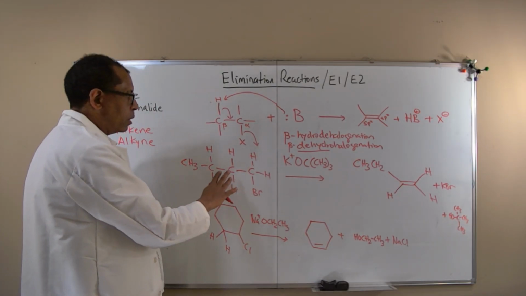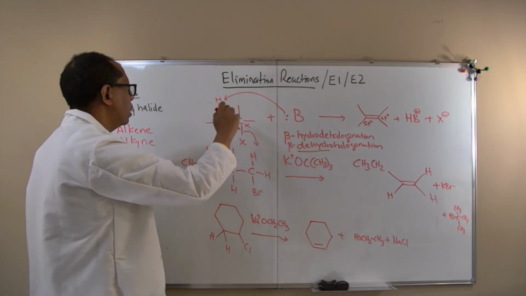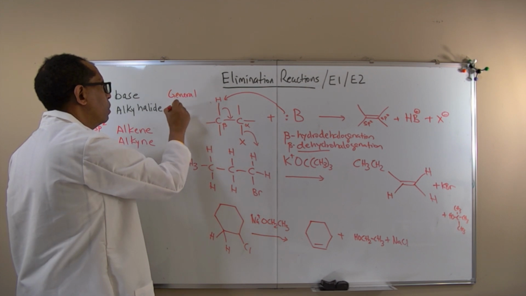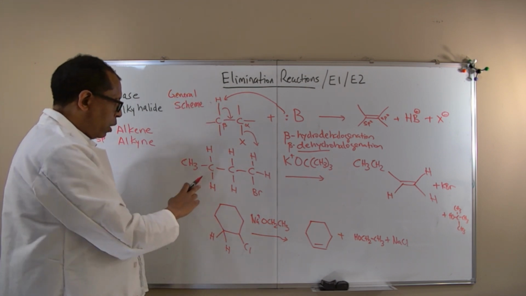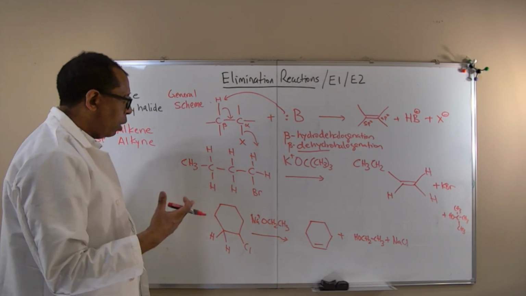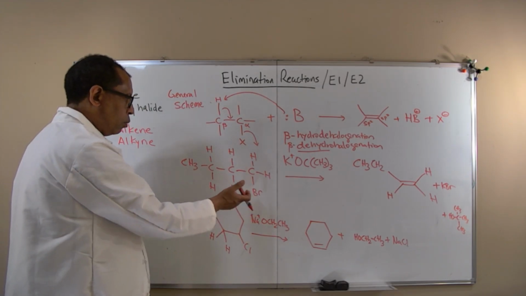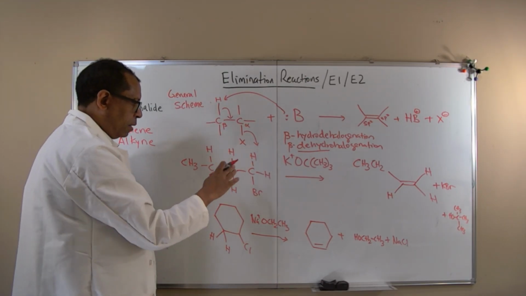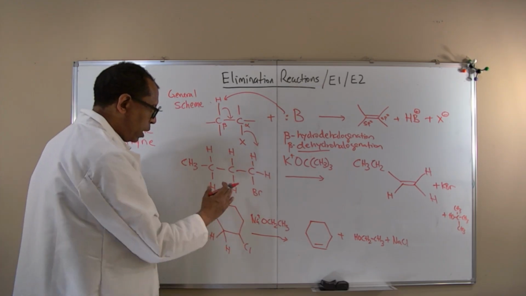This is just a general scheme. But here, in a real compound, we have a 4 carbon chain. It's a 1-bromobutane compound. So you have all the conditions that are necessary for an elimination reaction.